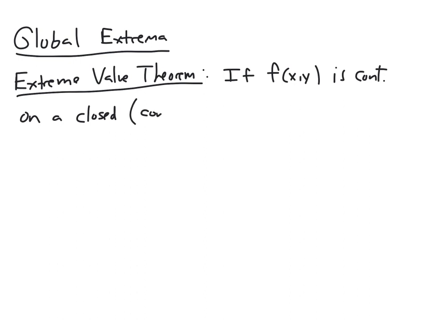I don't believe I've used this word, and we'll see in an example what I mean by this. But closed really just means it's containing all of its boundary points. And I sort of talked about an open region earlier, one where the interior point of a region was something not on the boundary. So a closed region is just simply one that contains all of its boundary points.